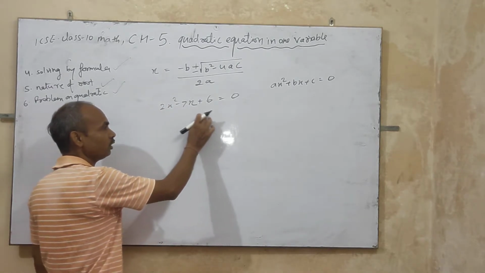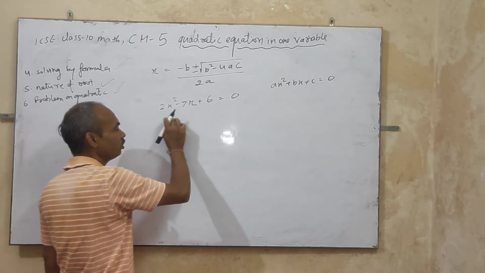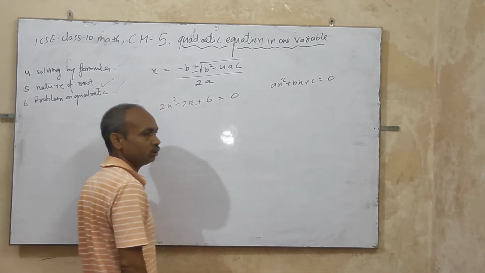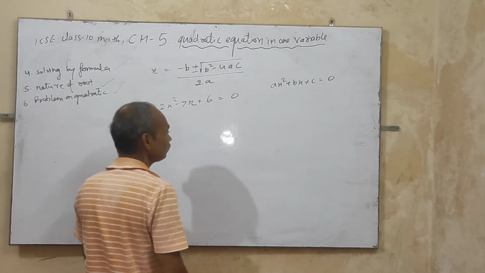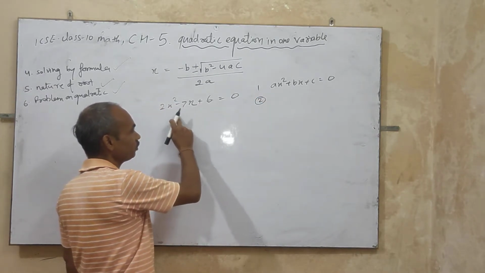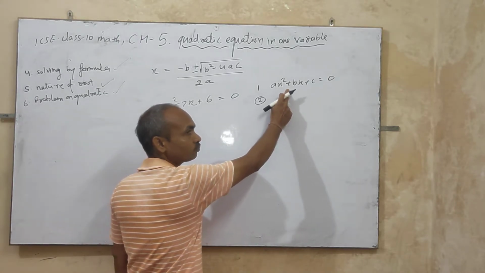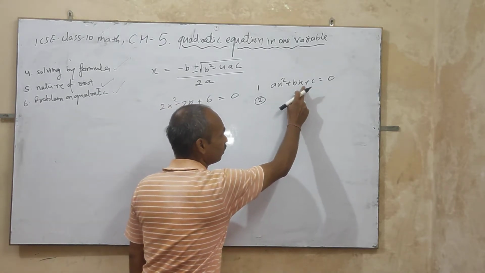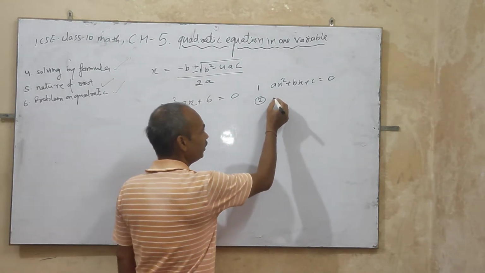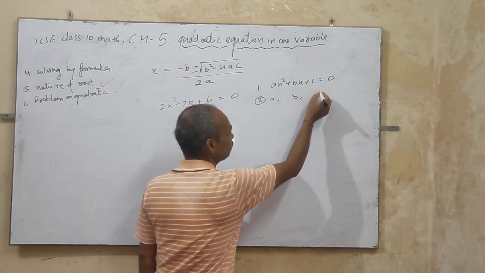But in this example, the quadratic equation is already in this form. So the second step: compare the equation with ax square plus bx plus c to get the values of a, b and c.